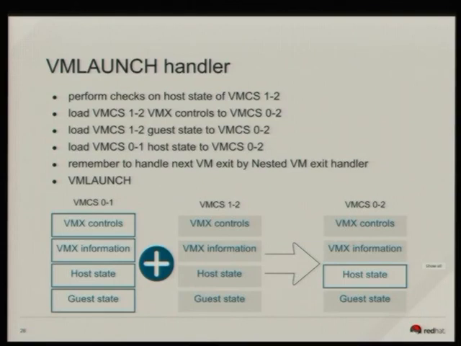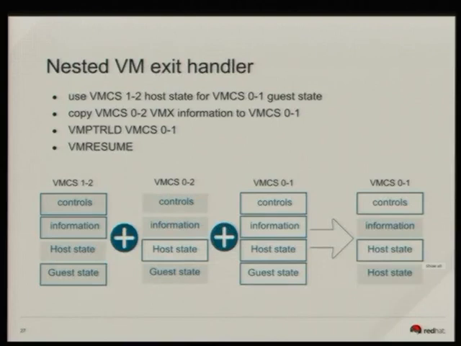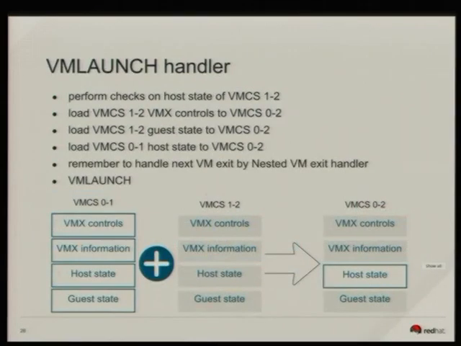So when L1 wants to VMLAUNCH, it traps into L0, and L0 then checks that the VMCS provided is sane, or at least its host state is sane, and then loads everything except the host state into a newly created VMCS, which can live in the VMX area provided by VMXON.